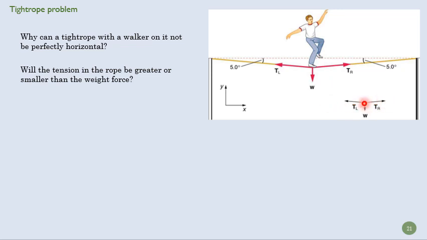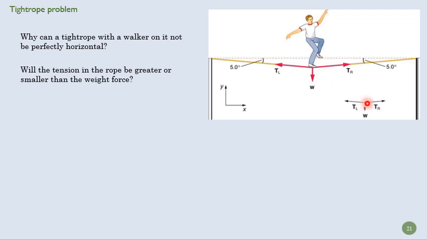That means that there's no counteracting force to W, right? And so if we wanted to calculate our force in the Y direction, we'd find that we had a net external force on that point in the rope that was directly downward. What would that mean? It would mean that it had to accelerate, right? Because we know that any body with a net external force that is non-zero is going to accelerate.